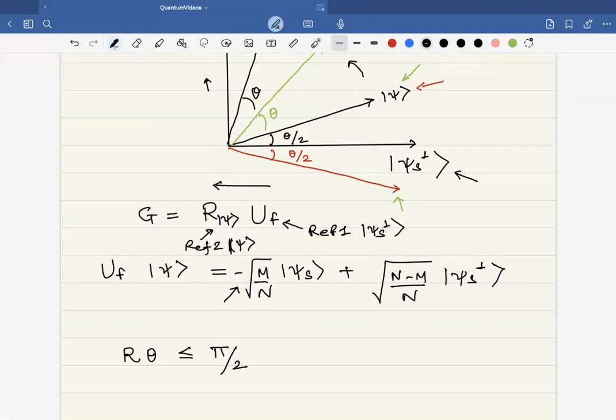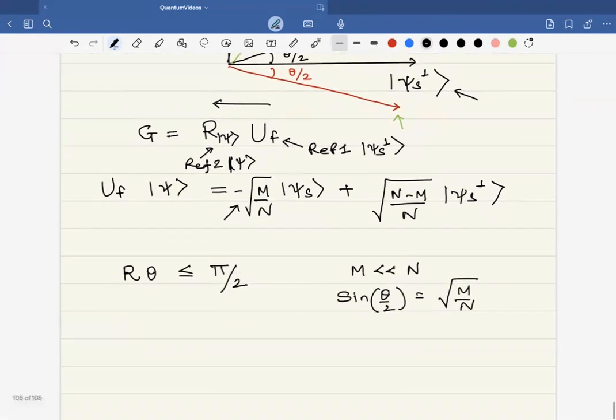And we'll assume that theta is small, since m is very, very much less than n, and sine theta over 2 is equal to square root of m over n. If theta is small, then sine theta over 2 is nearly equal to theta over 2. And so theta is nearly 2 square root of m over n.